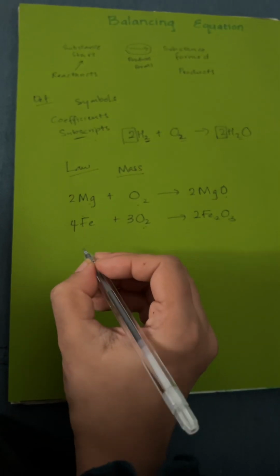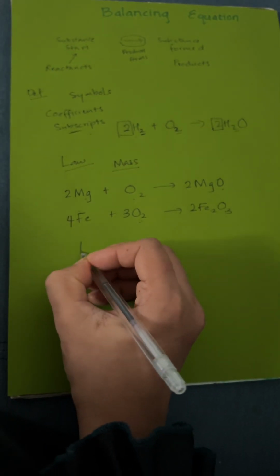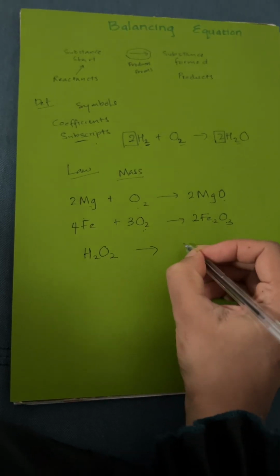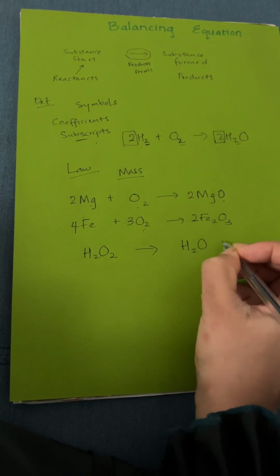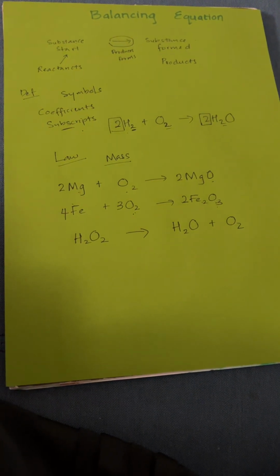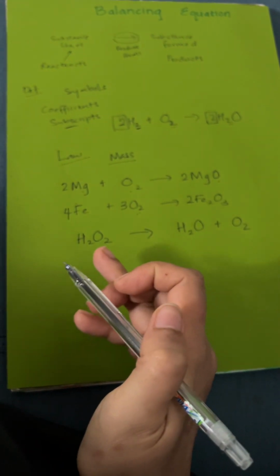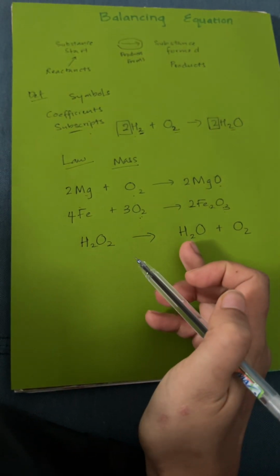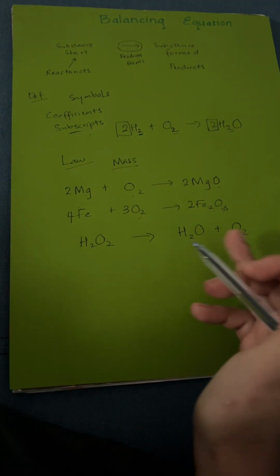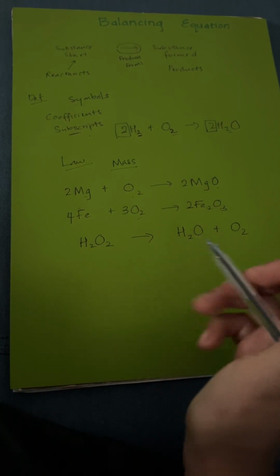Right, one more example we're going to look at: H2O2 is broken down into water and oxygen, right? So in this, there are two hydrogens and 2 oxygens, and the total number of oxygens formed is 3, so that is something unlikely.